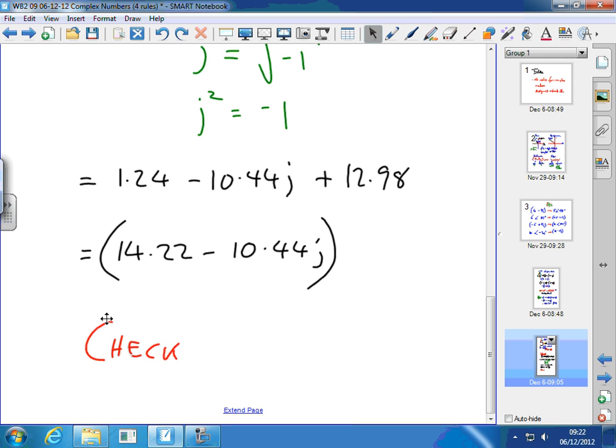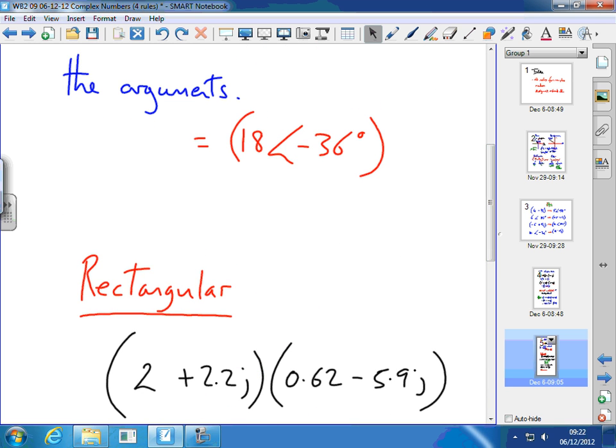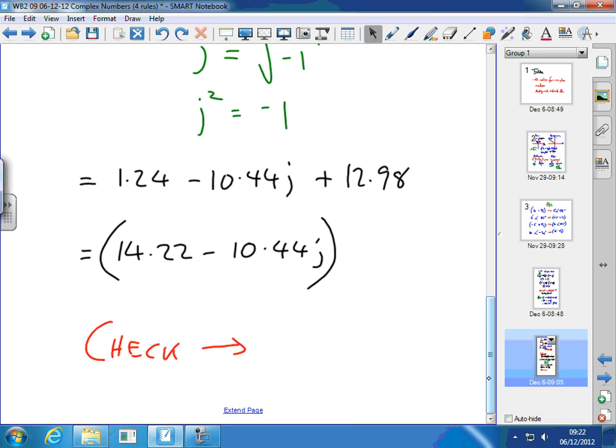As a check, convert this back to polar. So we go shift polar, put those numbers in, and we should get within a bit the answer we got before, which is 18 angle negative 36.